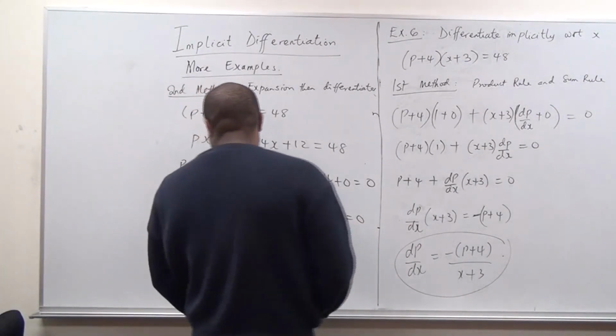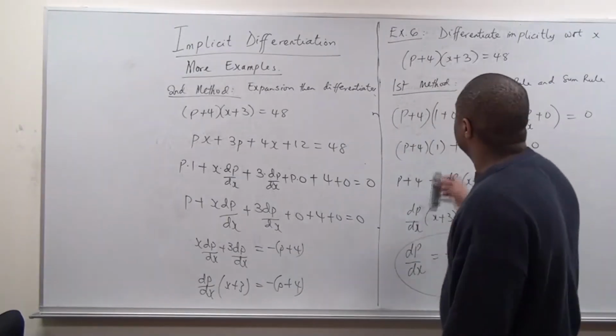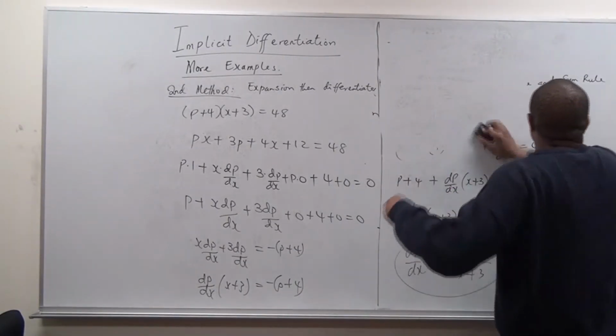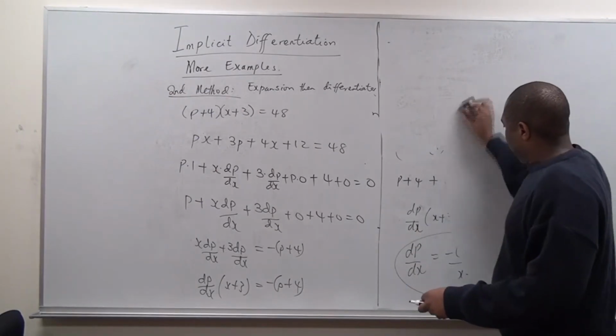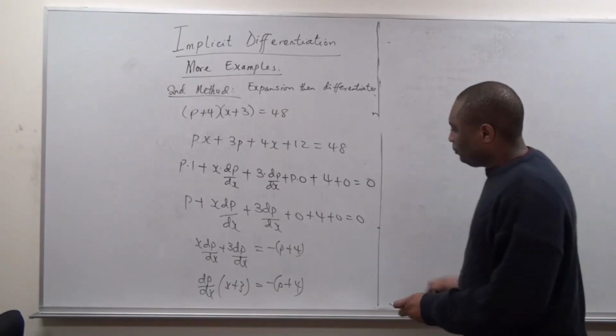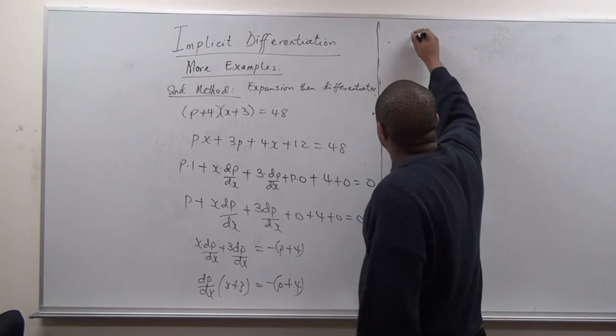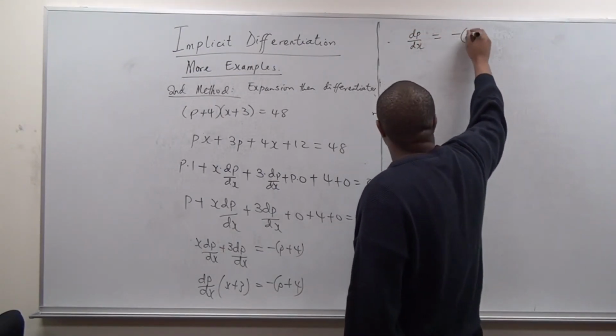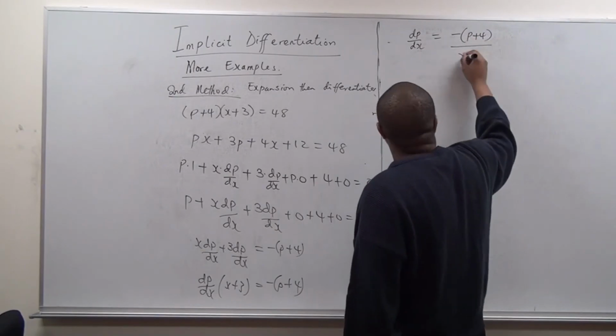And then you can now divide both sides by x + 3, and you see that dp/dx will be negative (p + 4) over (x + 3).